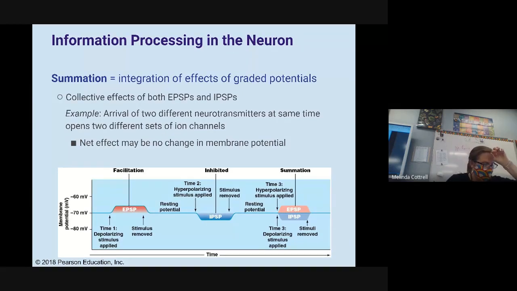The blue parts are the axon terminals. That's what we're talking about. There are multiple synapses in one axon or one dendrite. So that's where you can see, okay, summation is actually taking all of the effects of all of these different axon terminals and seeing what the net effect is. Does that make sense?